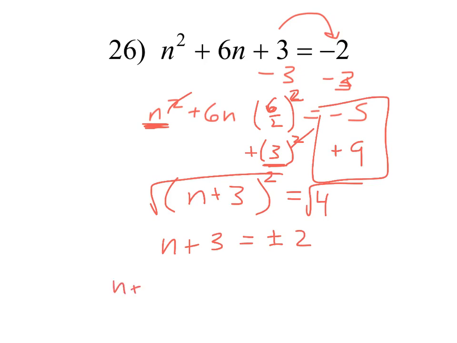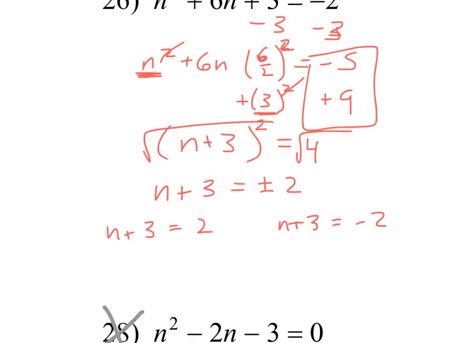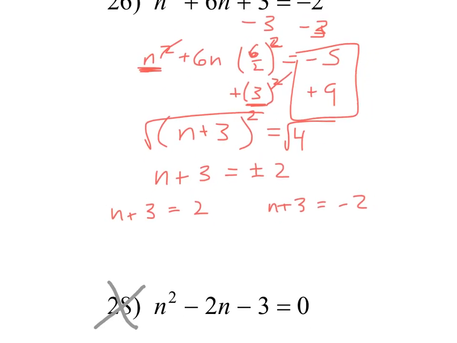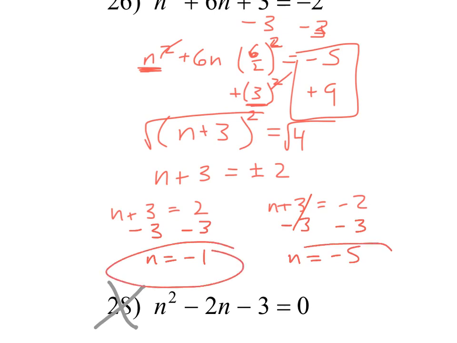So now we have our 2 equations. n plus 3 is equal to 2, and n plus 3 is equal to negative 2. Perfect. n is equal to negative 1, and n is equal to negative 5. Awesome.